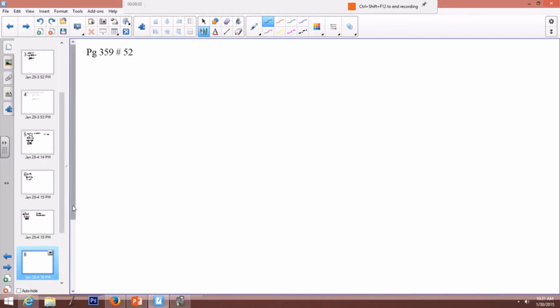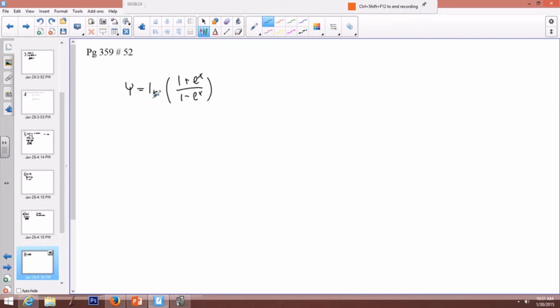Moving quickly along. Excuse me. 52. And this one is a skosh more challenging. So y equals the ln of the expression 1 plus e to the x over 1 minus e to the x.